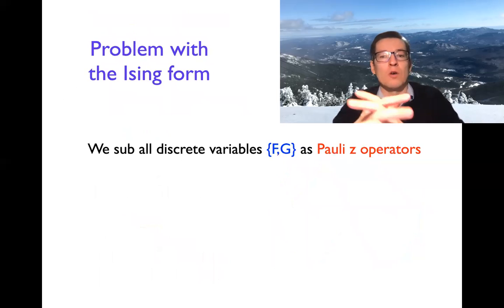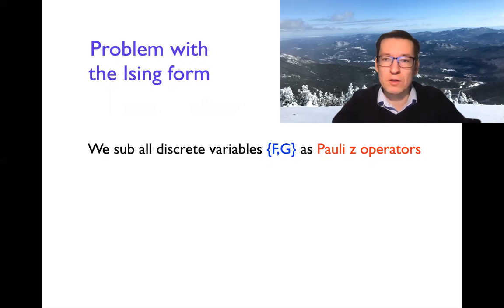All right, now how do we turn this all into something that we can use a quantum annealer for? The quantum annealer naturally is finding the eigenstates of the Ising Hamiltonian. So these f and g variables that we introduced can really be seen as Pauli z operators.